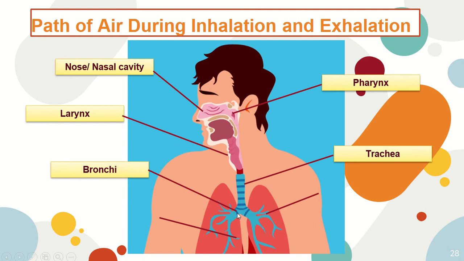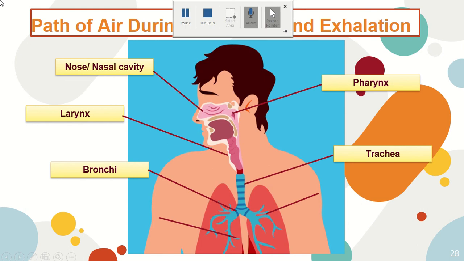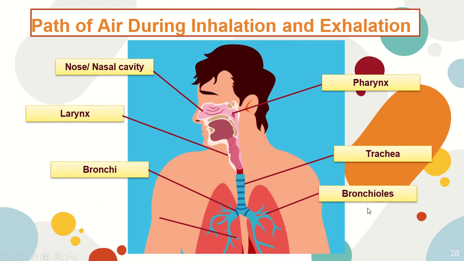And now, on that bronchi, meron tayong mga sanga-sanga na tinatawag nating bronchioles. At sa dulo, pag pumasok na yung oxygen gas, there's an exchange of gases between the oxygen gas and the carbon dioxide.